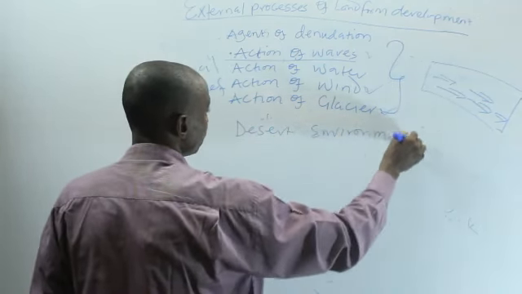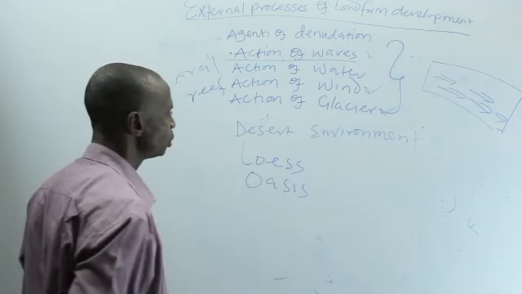Wind can carry materials for as long as its ability allows, because there is no vegetation standing, there is nothing that will stop it, so it carries the material to form a landform. It can be in the form of loess, it can even create a feature known as an oasis and other features as we are going to look at.